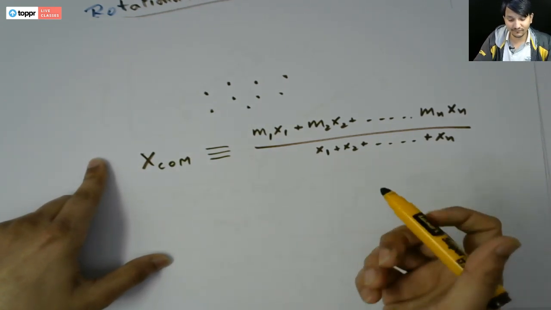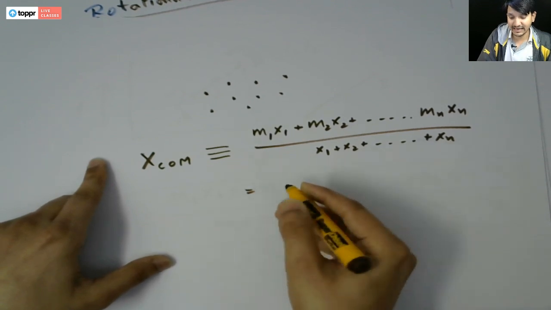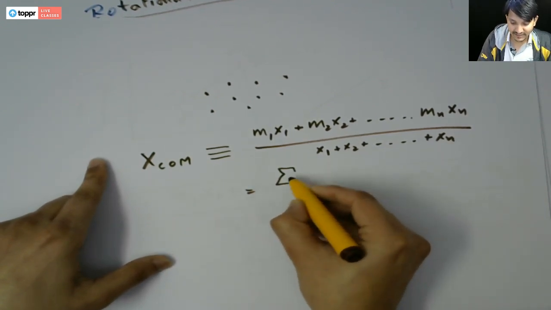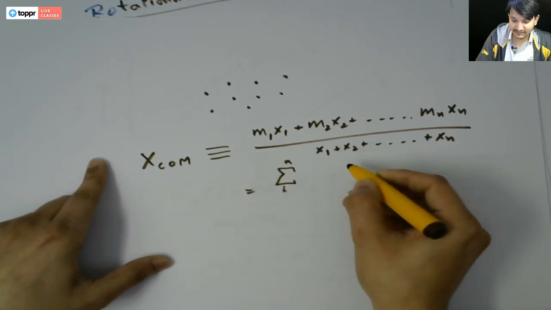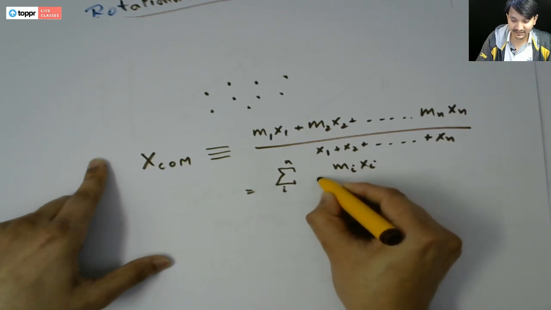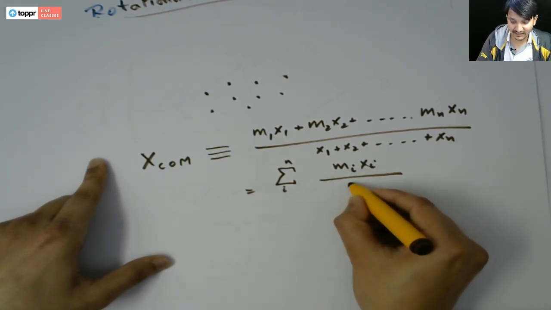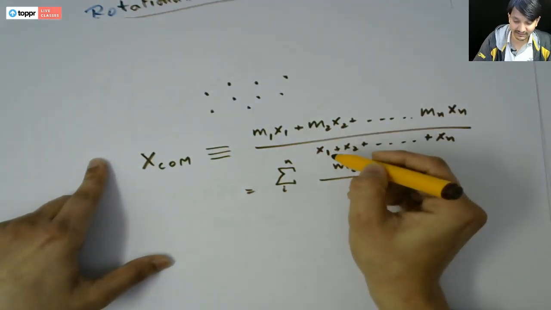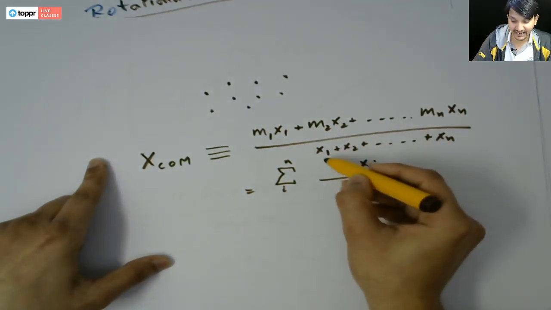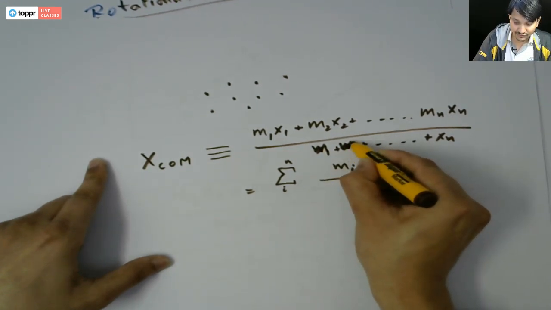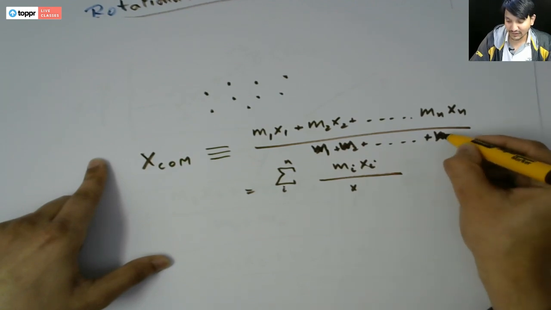Mathematically, in summation form, we can write this as summation of i to n mi xi divided by, again I have made a mistake, sorry about that. Please look, I have written x1, x2, xn. It should be m1, m2 and so on to mn.